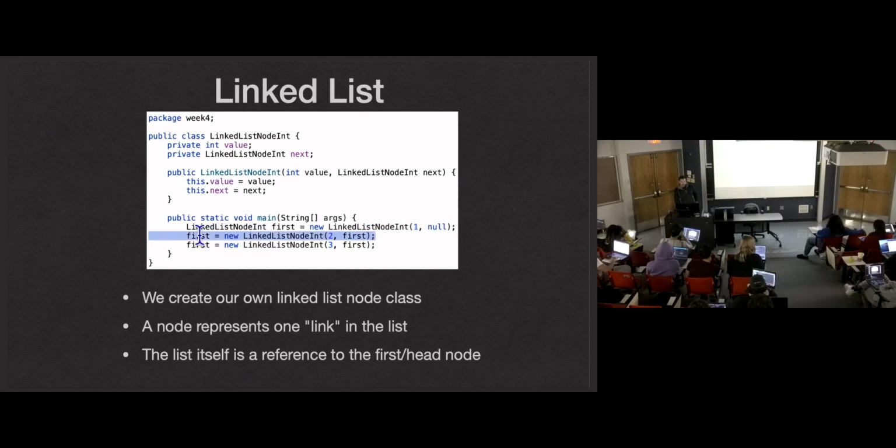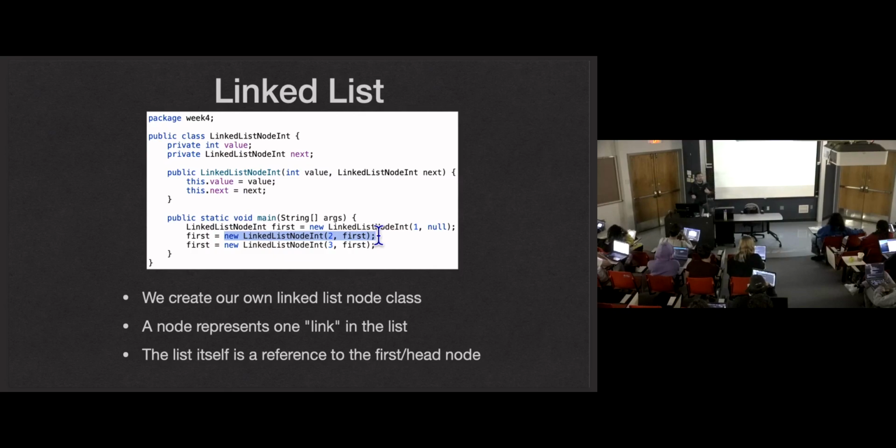Then this line gets a little bit tricky, so let's break this down further. We're going to create a new linked list node. Whenever we have an assignment operator, it's important to know we have to evaluate the right-hand side first. We resolve this down to a value, and then assign that value to first. Because we have the variable first twice in this single line, what's the value of first going to be?